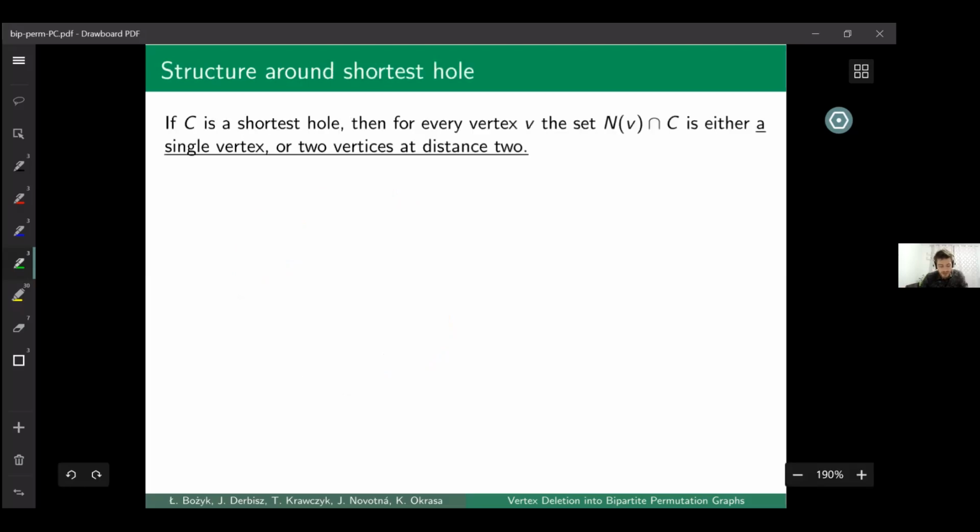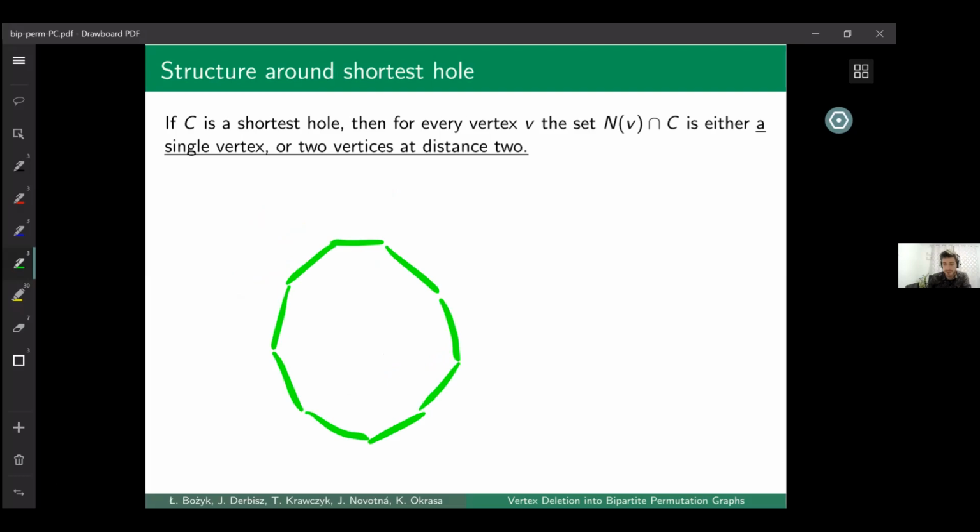Now let's think about the structure around the shortest hole, the one that was green on my previous pictures. We know that this hole is dominating, and we can prove that every other vertex is either neighboring with only one vertex on this hole, or with 2 vertices with one vertex between them.